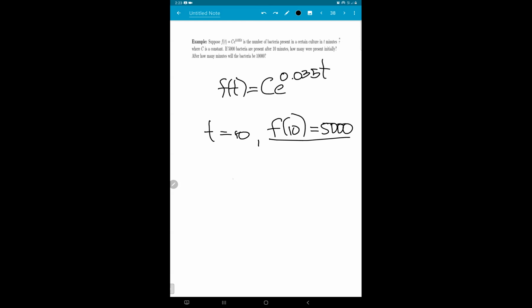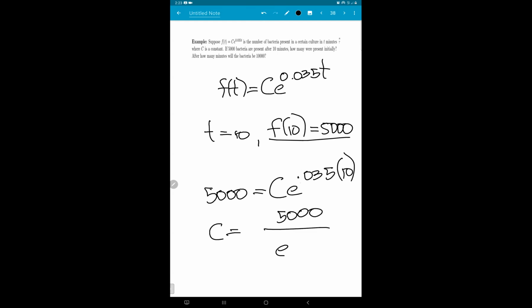So if we plug in those values, we will get the following equation: 5,000 equals C e to the 0.035 times 10. And then you can solve for C by dividing both sides of the equation by this number. You can just simplify 0.035 times 10 as 0.35.